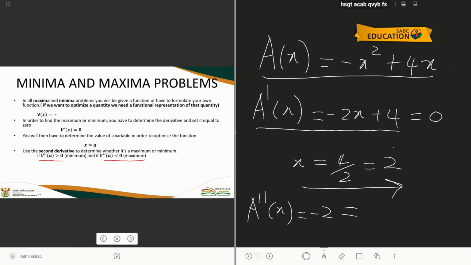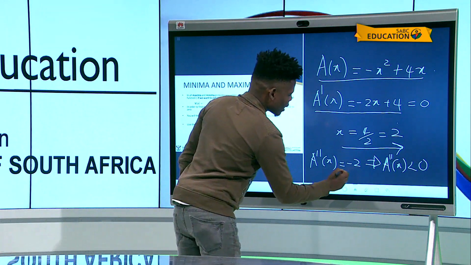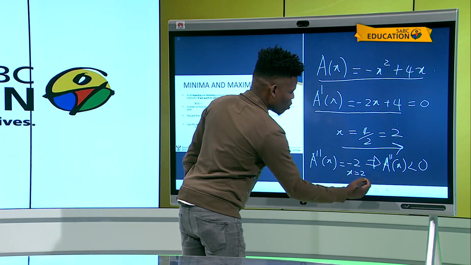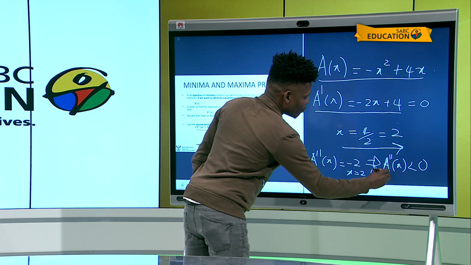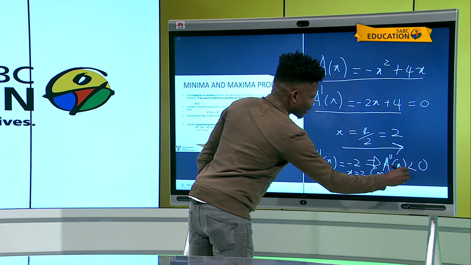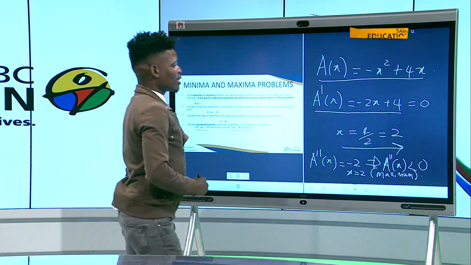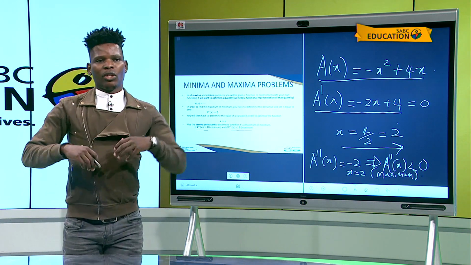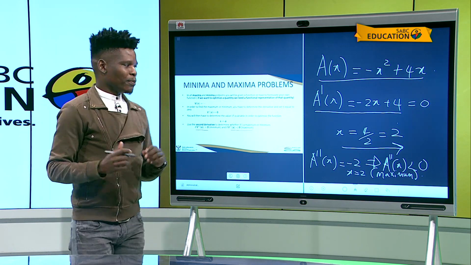So the second derivative is less than 0. What does it mean? It means that at x equal to 2, I am going to have a maximum area. So that is basically what you do when you optimize a function.